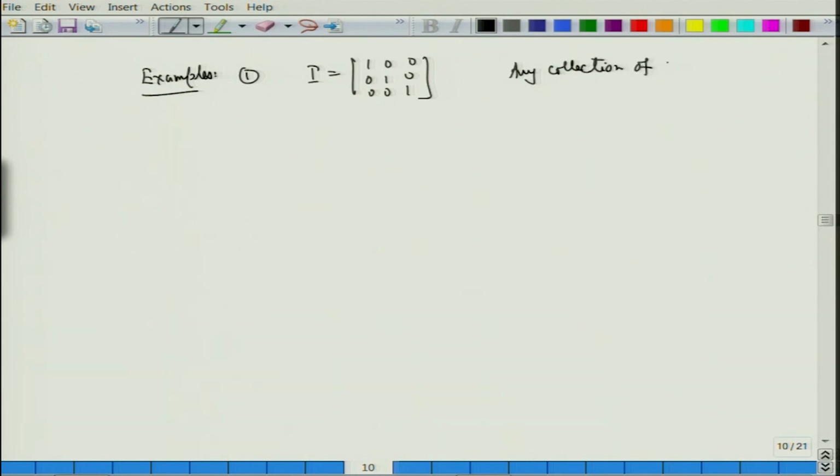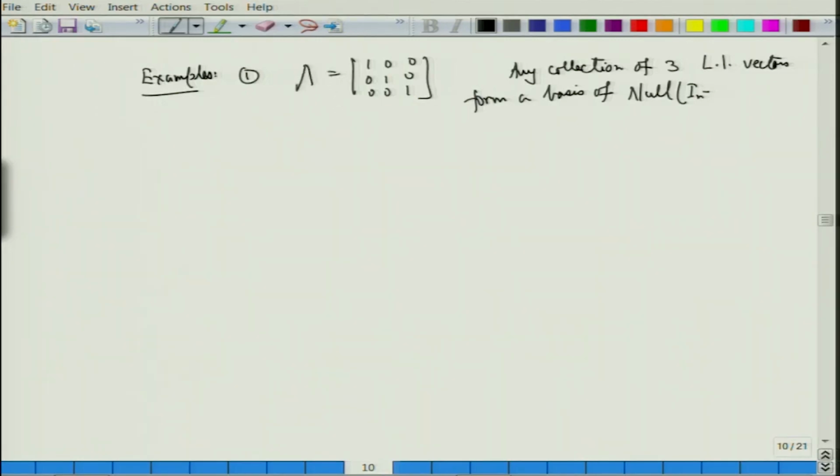of 3 linearly independent vectors form a basis of null space of, so I should write it nicely, otherwise you will have a confusion here.